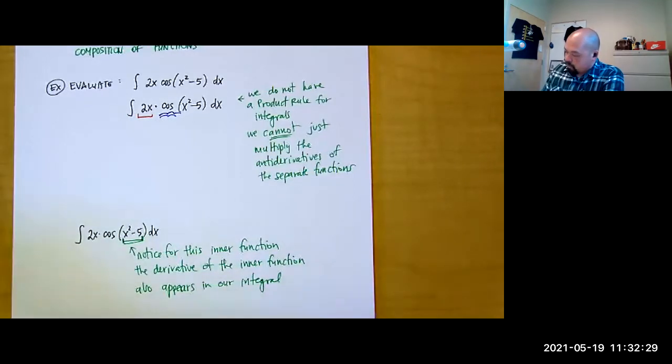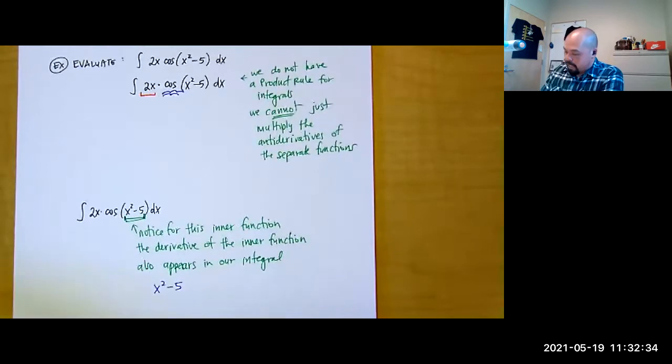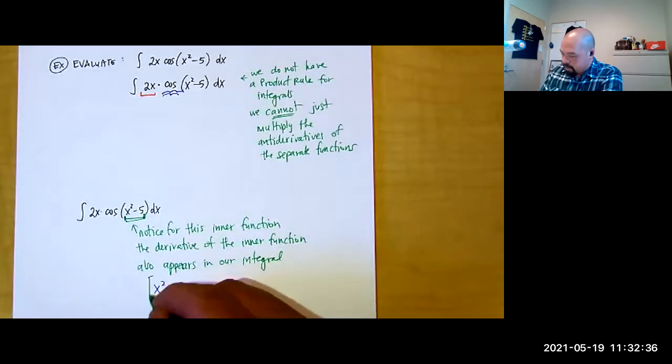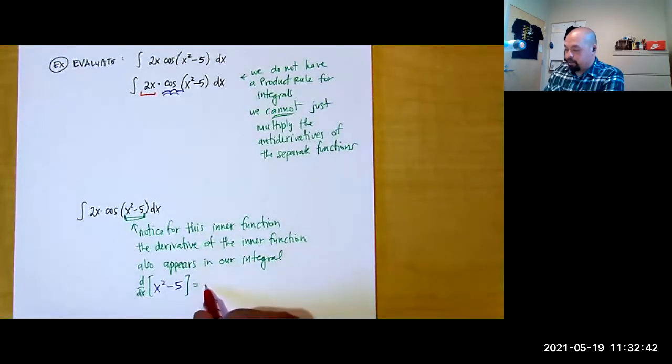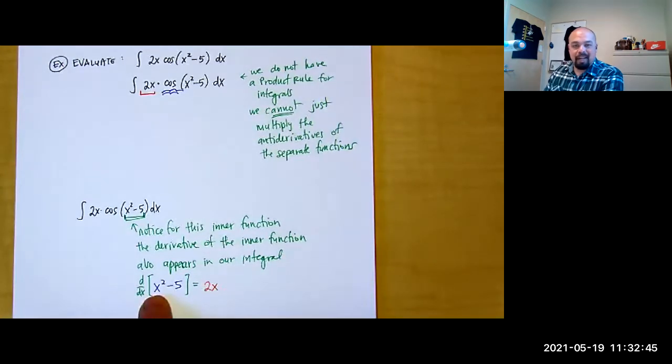If I take the derivative of x squared minus 5, that's equal to 2x. The derivative of the constant 5 is 0.